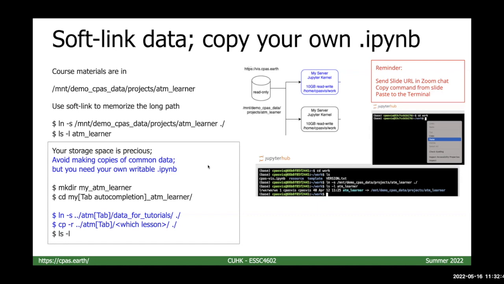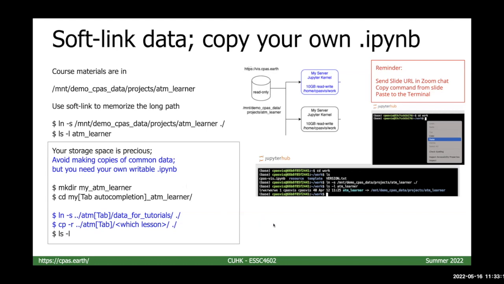You will not be able to write files to a read only folder. So you create My ATM Learner folder, and then for ipynb, in Jimmy's section, you can copy Jimmy's notebook file shared to you.